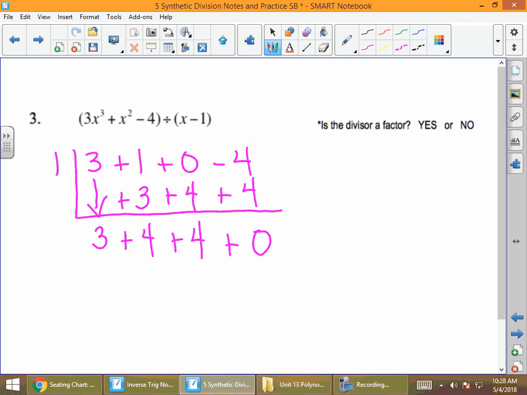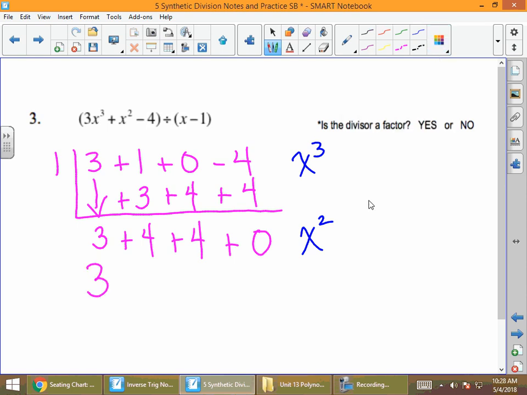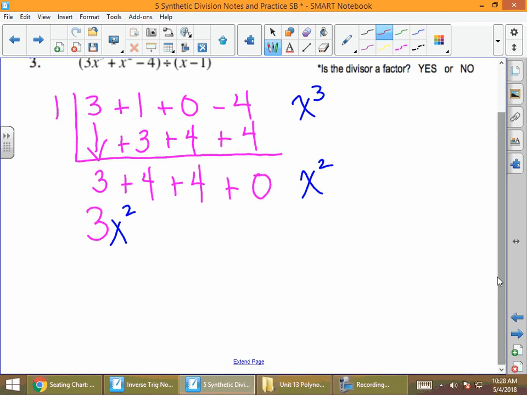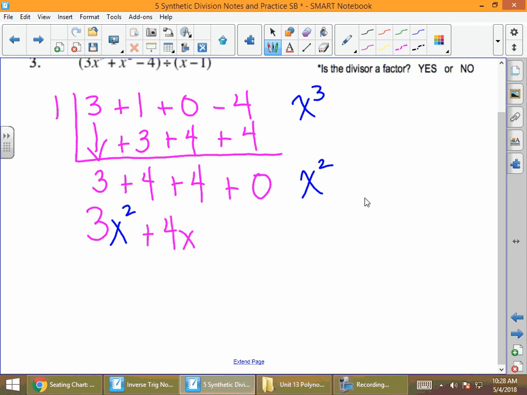And once we do the division, we need to put our variables back into the problem. We started with x cubed, which means we're going to finish with x squared. So we have 3x squared, and then we descend, plus 4x plus 4.